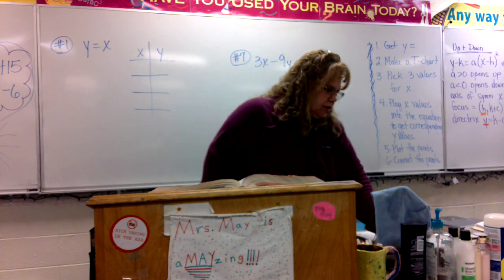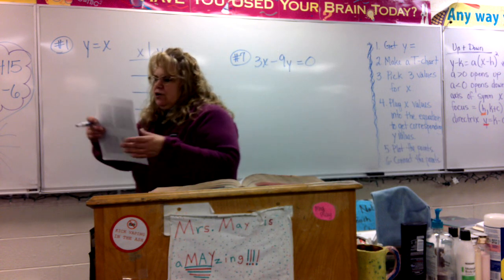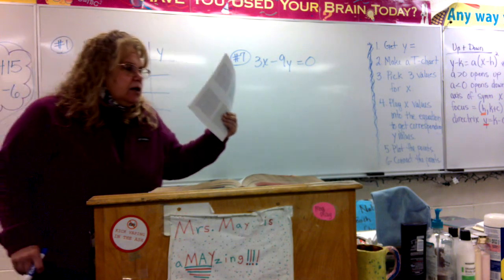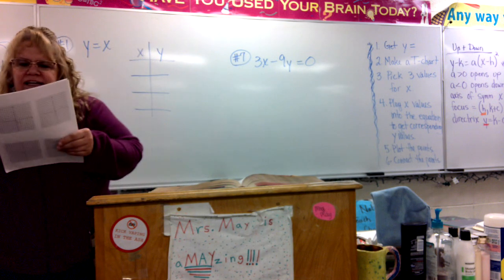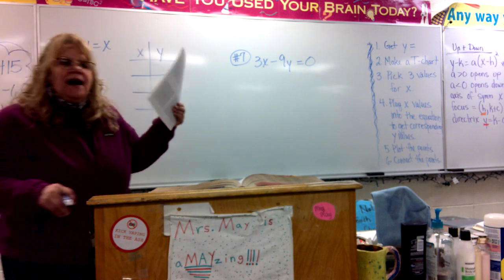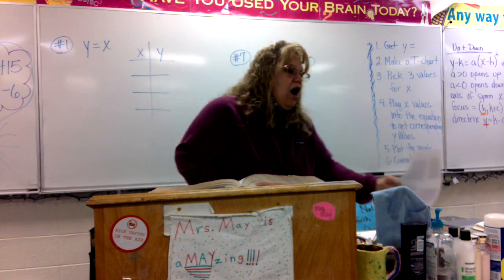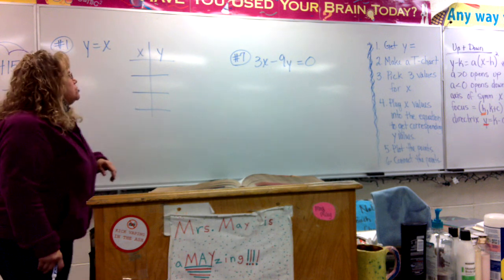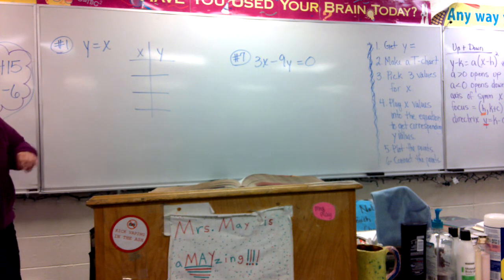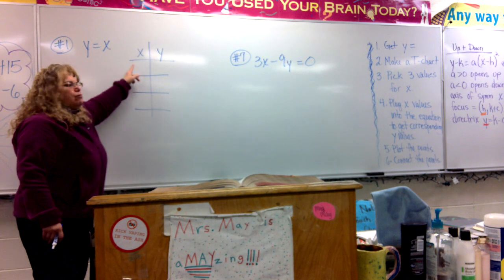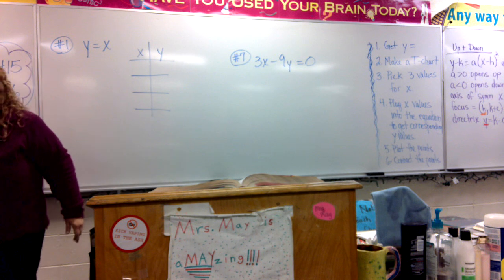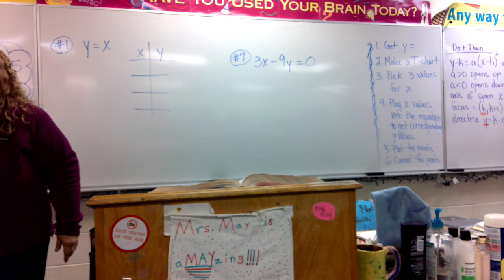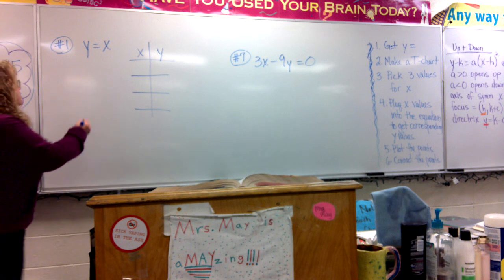However, remember, eventually you're going to be putting them on graph paper. And my graph paper only goes to about 10. So although you can pick whatever you want, because my graph paper only goes to 10, I would pick relatively small values less than 10. You know what I always like to pick?